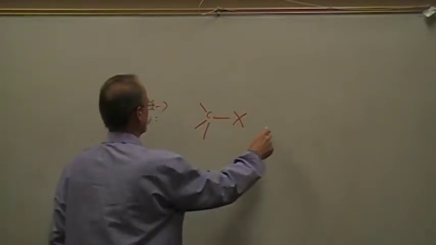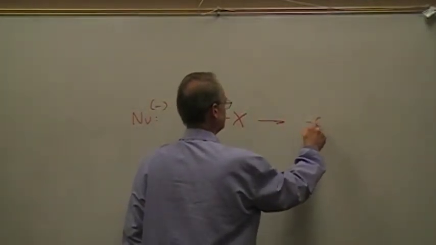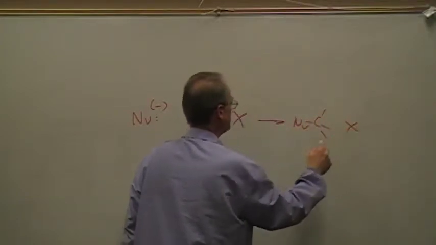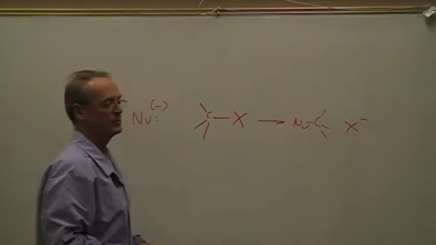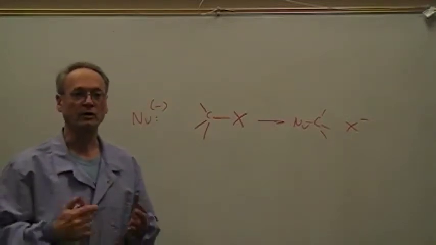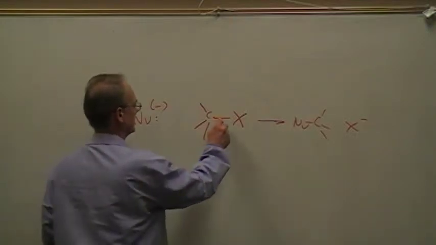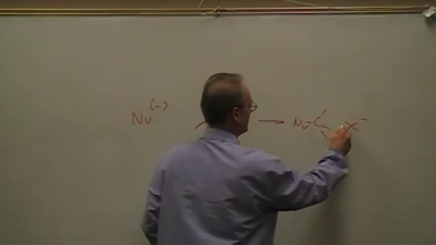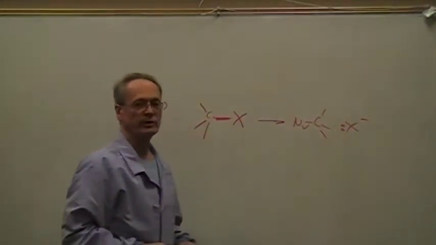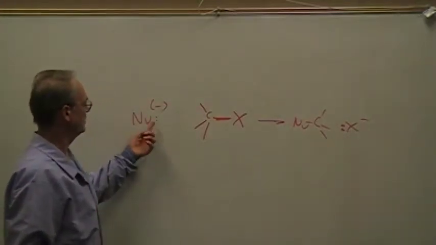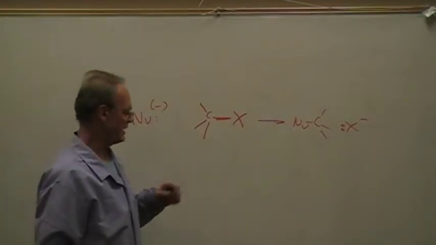And in that reaction then, the nucleophile becomes attached in place of the halogen. So what's being replaced is a halogen atom, or a good leaving group, something that can leave with its pair of electrons. Notice this pair of electrons leaves with the halogen, and it therefore becomes negative. That's nucleophilic substitution, in which a nucleophile with a pair of electrons replaces a halogen.